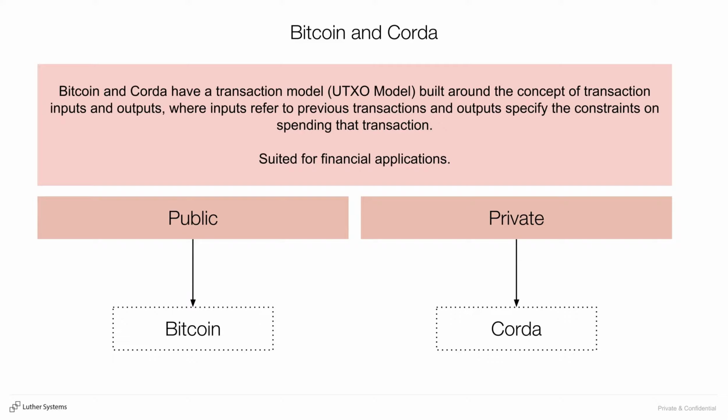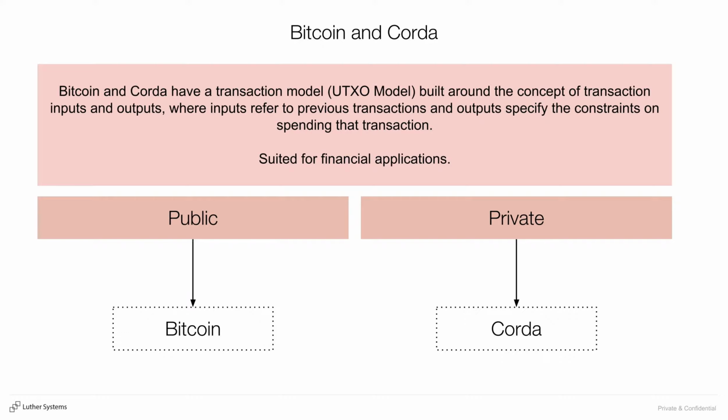Corda adopts that same approach from the Bitcoin network, but applies it within a permissioned setting where the identities of the participants are known, and in order to participate in the network, the participants must go through an authentication process.